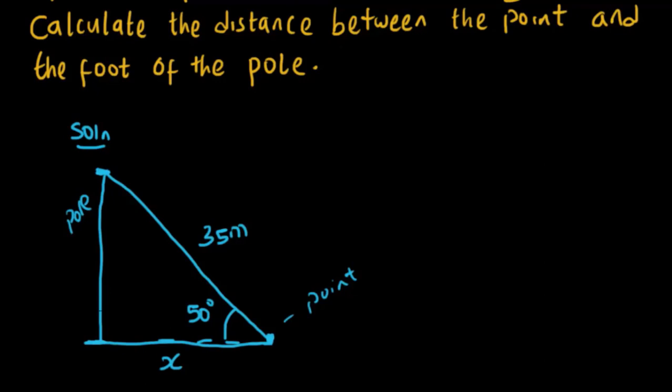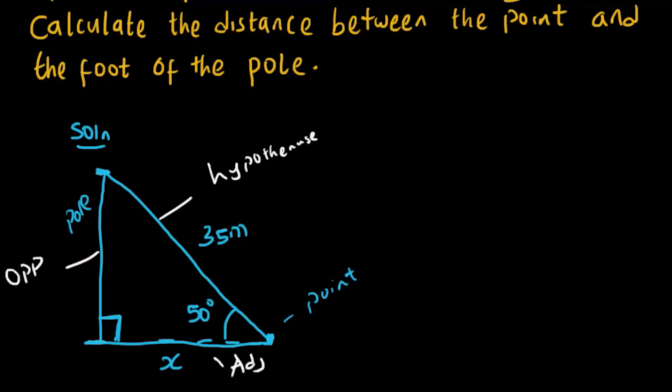Remember, the first thing you want to do is to name the sides of the triangle. The side facing angle 90 is the hypotenuse. So if this is angle 90, it means that this side here is the hypotenuse. Then the side facing the angle is opposite. Then the third side is adjacent.